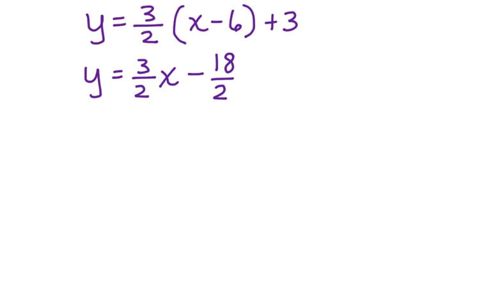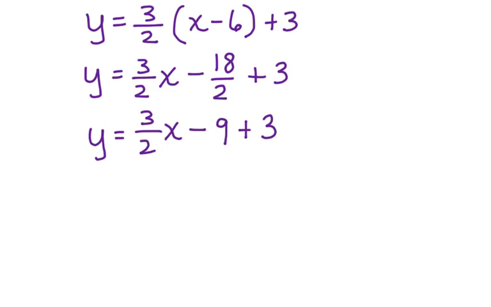And we're going to leave it like that just for a second before we simplify it. Plus 3. Now let's simplify it one step further. y equals 3/2 x minus, and we have 2 divided into 18 is 9, plus 3.